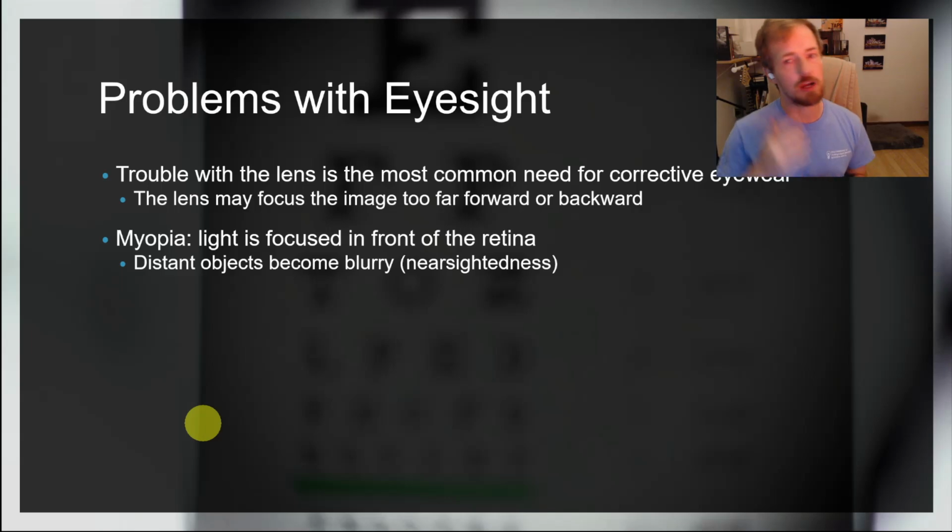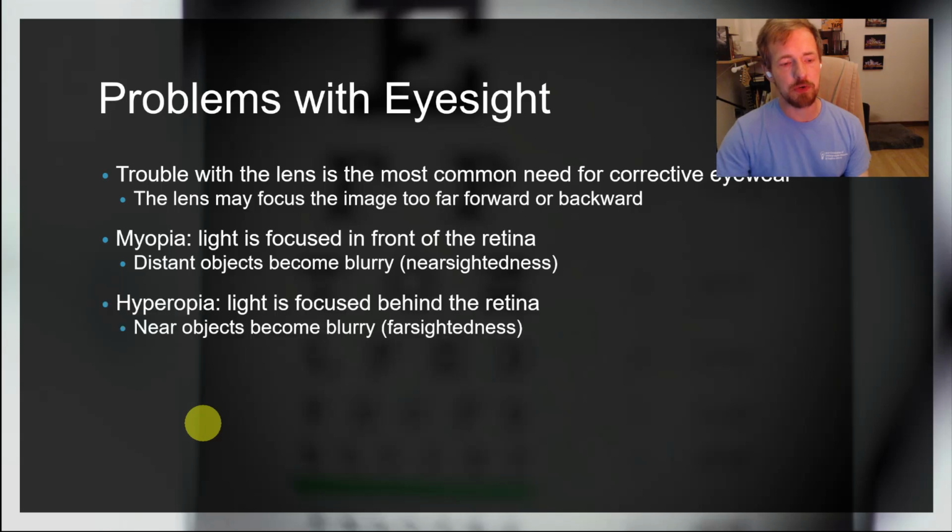So when we talk about the lens, there are problems that can arise because of a misshapen lens, or a lens that is too narrow or too wide. The two big ones here are myopia and hyperopia. Myopia is known as nearsightedness, and it is whenever light is focusing in front of the retina.